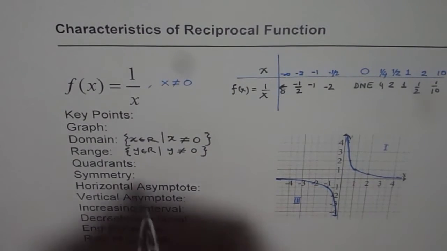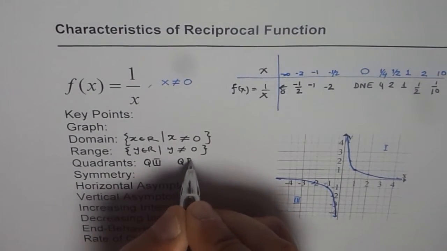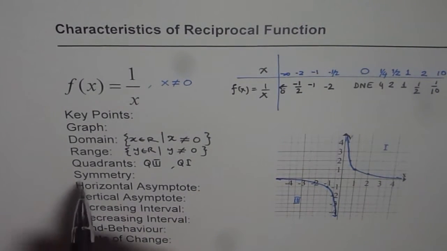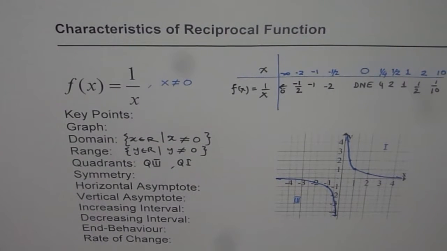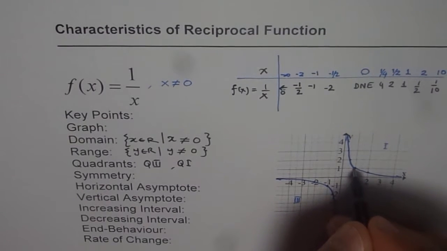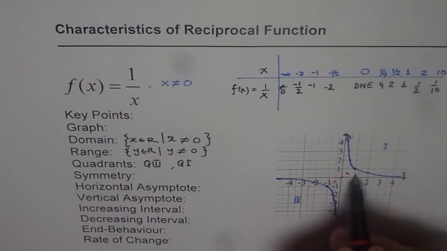Quadrants, you can see it is in quadrant 3 and in quadrant 1, right? It moves from quadrant 3 to 1. Symmetry. Since we have a point, as you can see here, these points are symmetric about the origin. Do you see that? So for every point we have a point of symmetry.